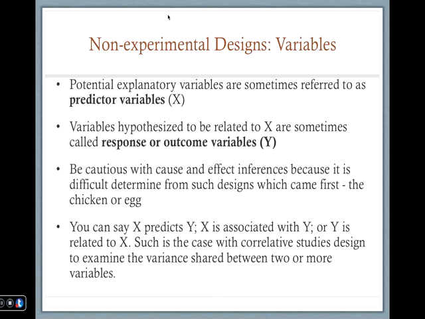For non-experimental designs, X is often referred to as the predictor variable. The Y variable is the response or outcome variable. And again, please be very careful with cause and effect inferences. You can say X predicts Y, X is associated with Y, or Y is related to X, but you cannot state anything beyond that.